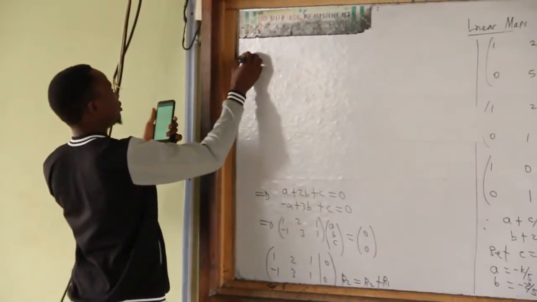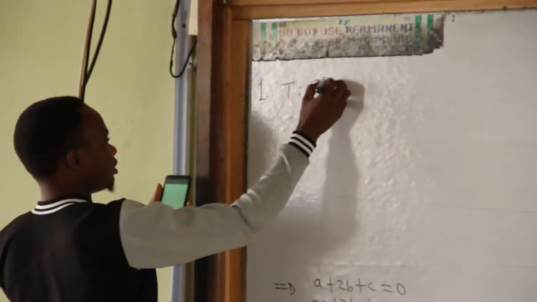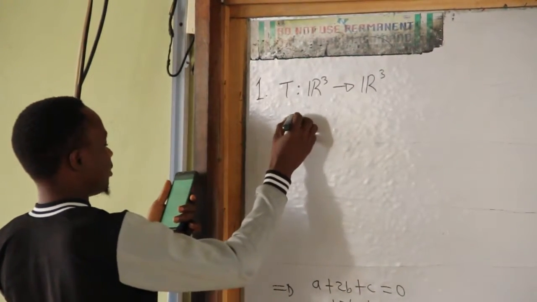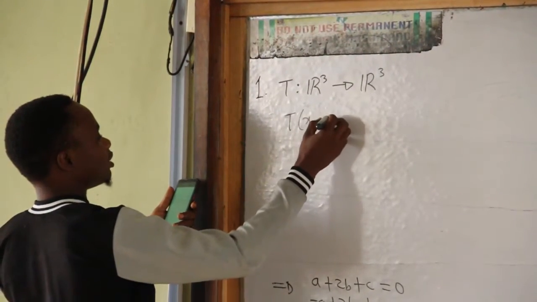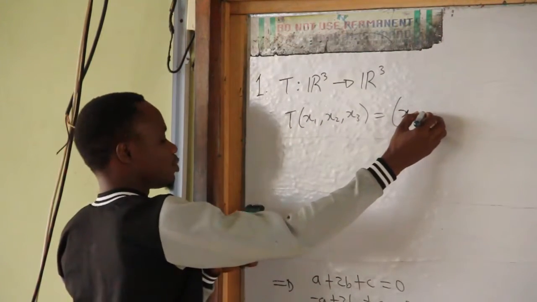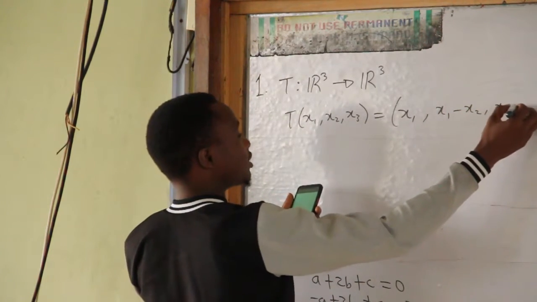So, number 1, T maps R3 to R3, defined by T of x1, x2, x3 equals x1, x1 minus x2, x2 plus x3.